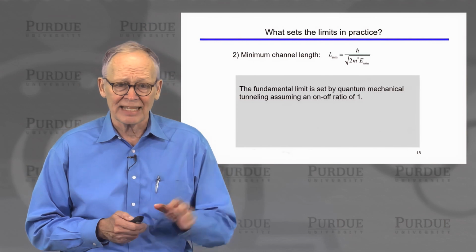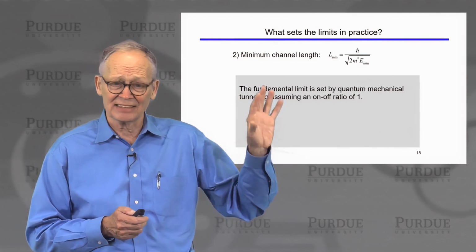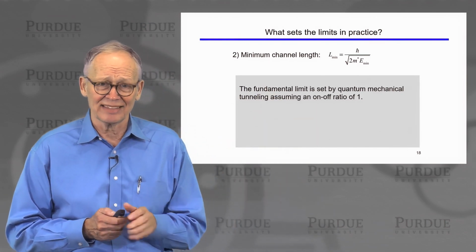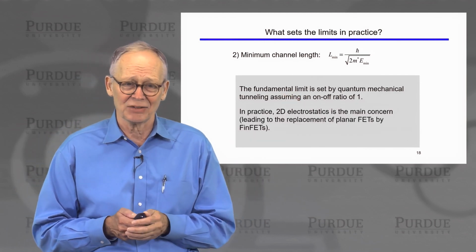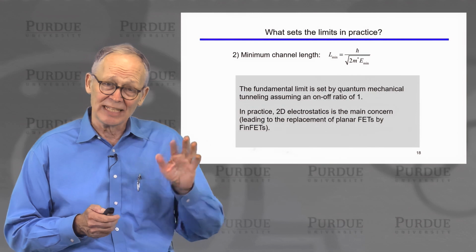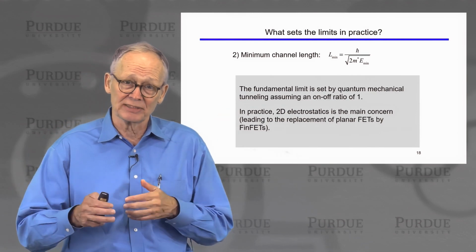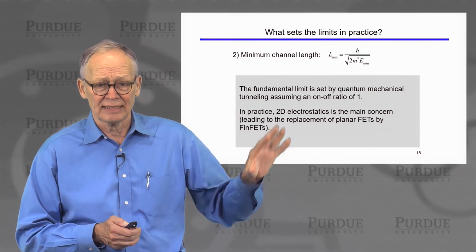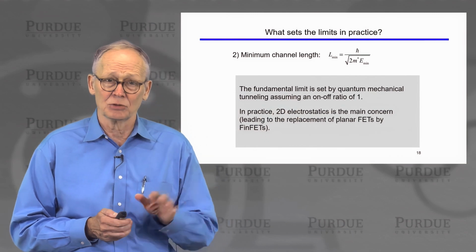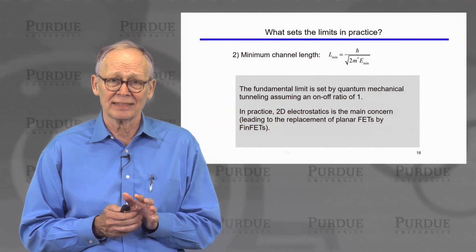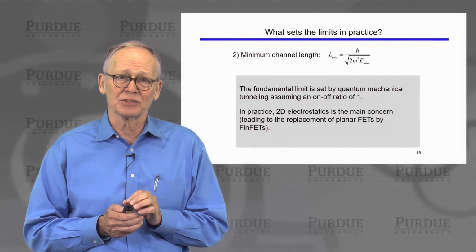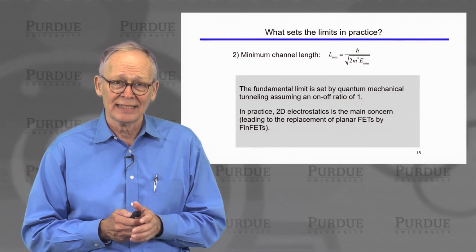How about minimum channel length? That's set by quantum mechanical tunneling. We really assumed an on-off ratio of about 1 when we did that calculation. We need a much larger on-off ratio, which means the channel length has to be longer. The other very important factor is that what device designers really struggle with is electrostatics.